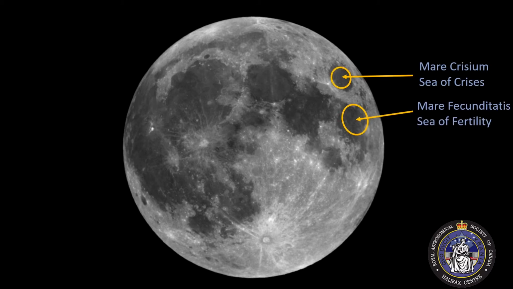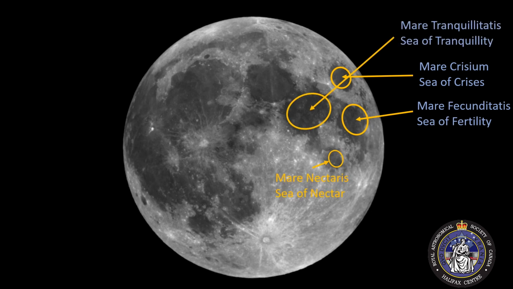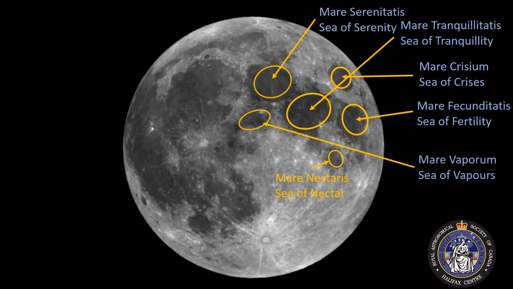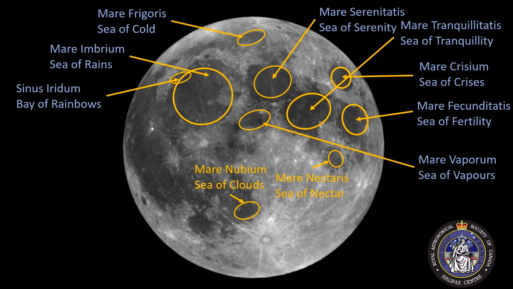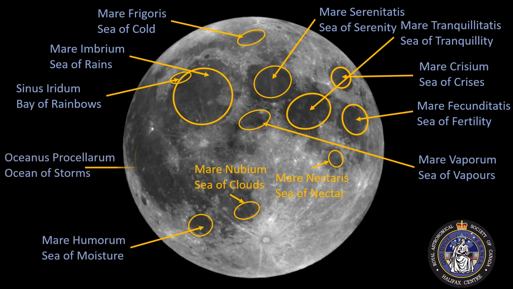You can see here we have the Sea of Crisis, the Sea of Fertility, the Sea of Nectar, the Sea of Tranquility, the Sea of Serenity, the Sea of Vapors, the Sea of Cold, the Sea of Rains, the Sea of Clouds, the Bay of Rainbows, the Sea of Moisture, and the Ocean of Storms. So by viewing the moon with your binoculars, you'll get to know all of these seas.